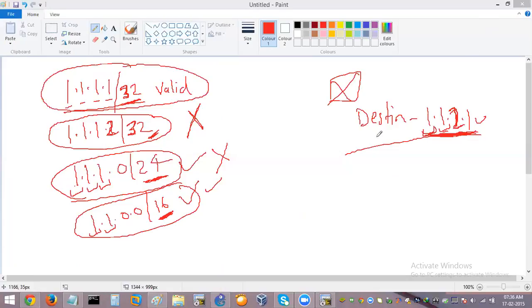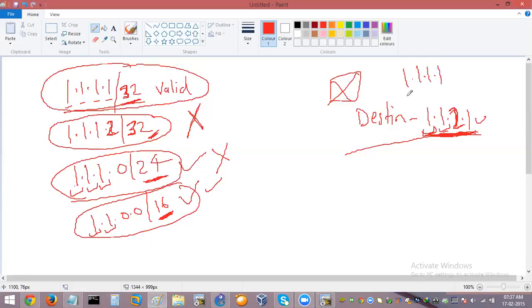You said 1.1.1.1/32 will not have this destination, it will not work, right? So what kind of destination will work for this /32 with all 4 octets? Yeah, it will work only for a packet which has a destination IP address of 1.1.1.1.